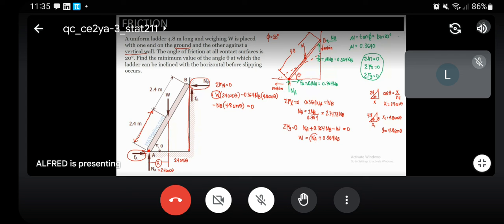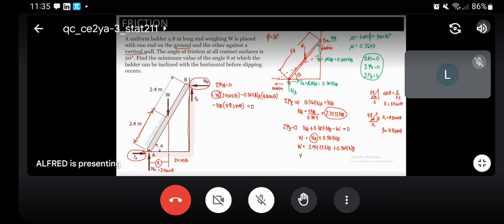But what's your NA? Your NA is 2.7473 NB. So pag sinubstitute ko yan dito, this is 2.7473 NB plus 0.364 NB.